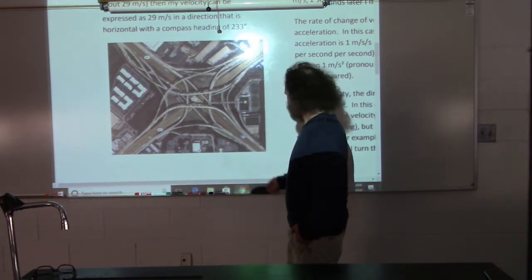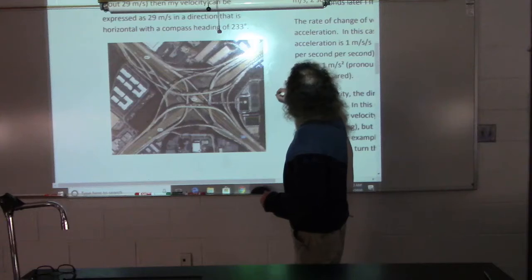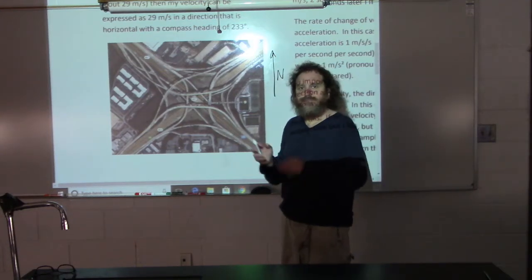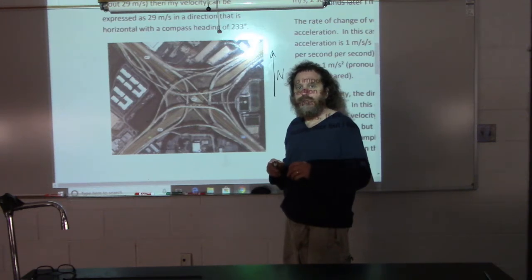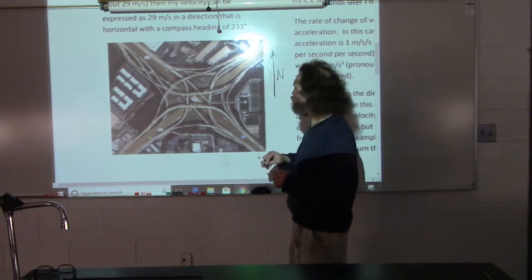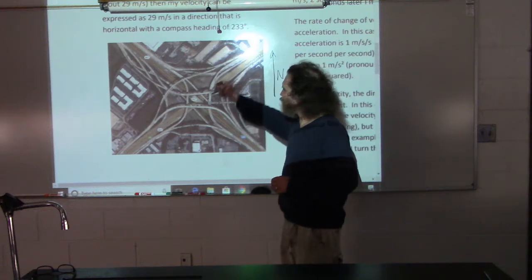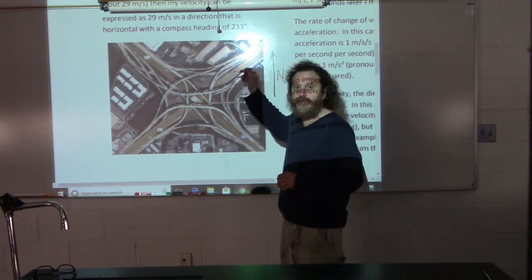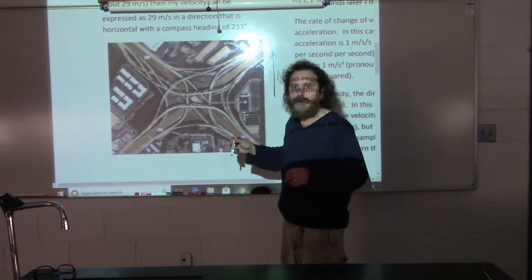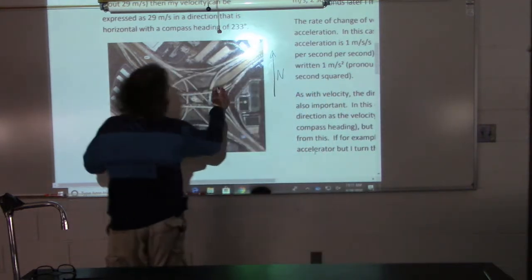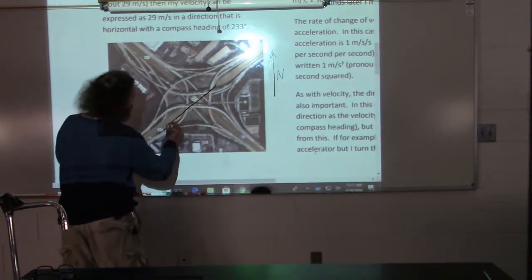And in this diagram, that way is north. They orient the Google satellite images that way, so up is always north. And so if you're going on 85, you're traveling 65 miles an hour on 85. You're traveling in this direction on the surface of the Earth.